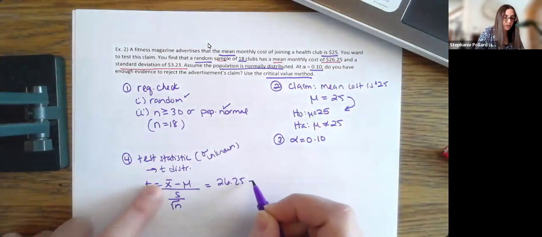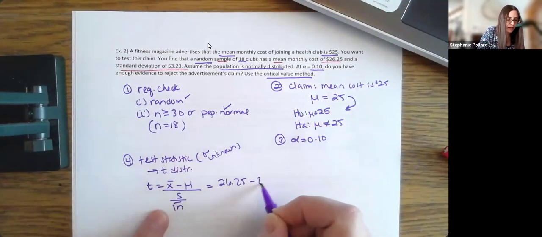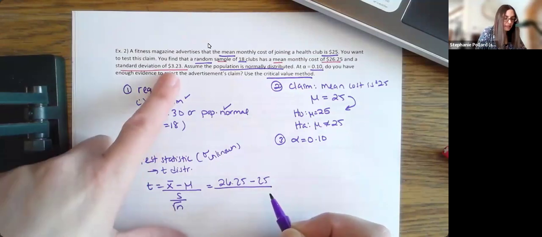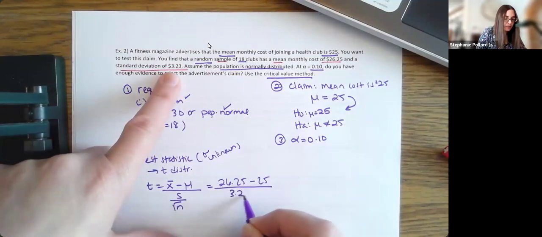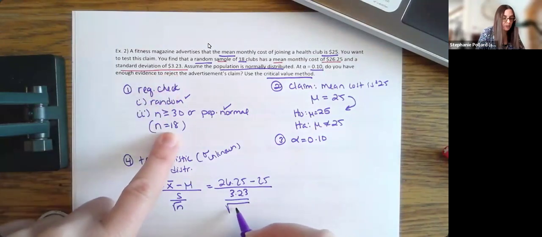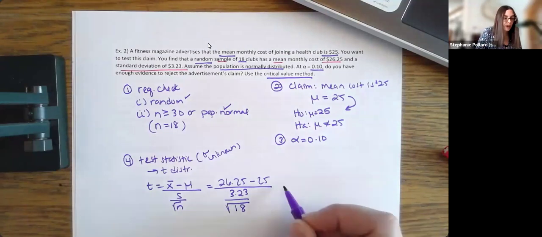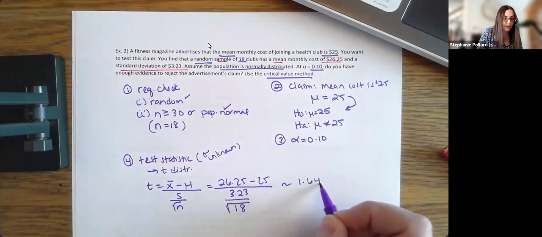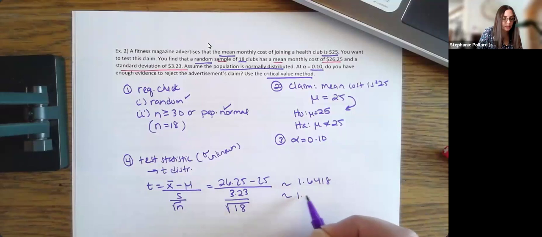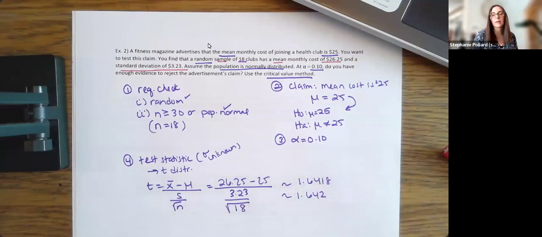The mu again is from your hypothesis, which is 25. The s is $3.23, and then our sample size, excuse me, is 18, so square root of 18. And you should get about 1.6418 or about 1.642. And again, this is your test statistic.